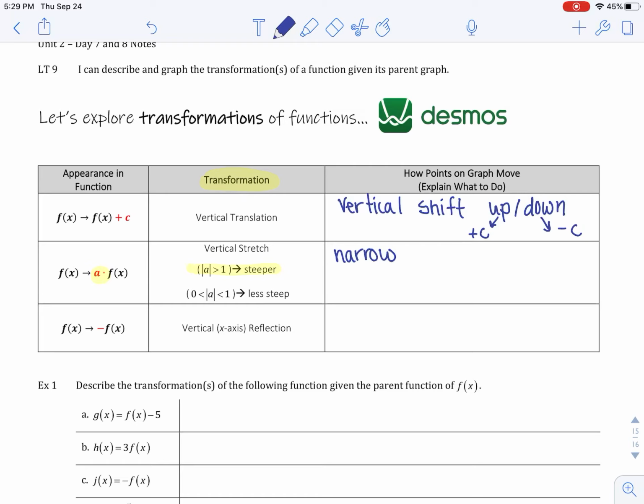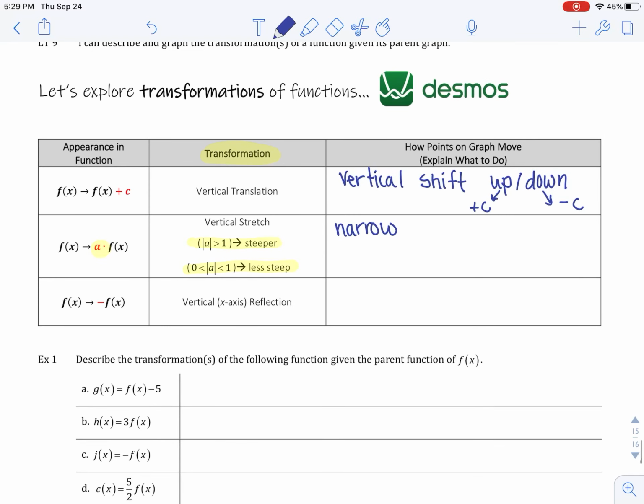It's telling us if you have that number, and the absolute value of it, so that means make it positive if it's not, and it's bigger than 1, it's going to be steeper. If something is steeper, it's narrow because it's going up quicker and quicker. If the number A is between 0 and 1, like a fraction, and we make it a positive fraction if it's not already, it's going to be less steep. If something is less steep, it's going to be wider.